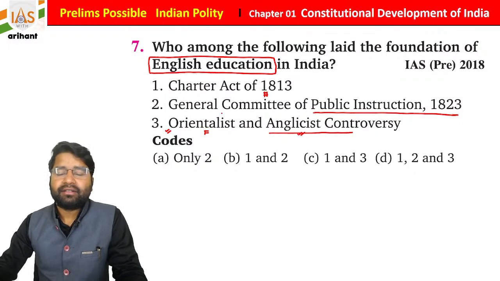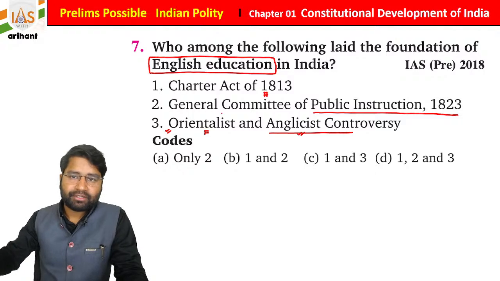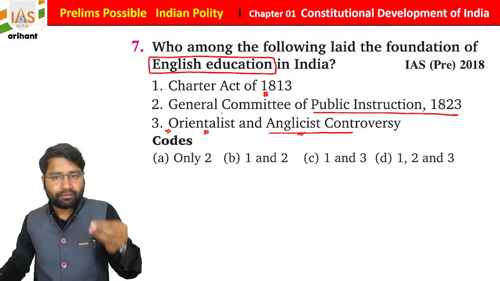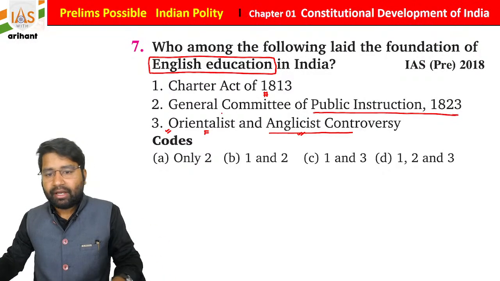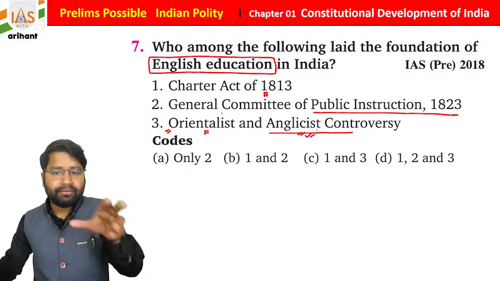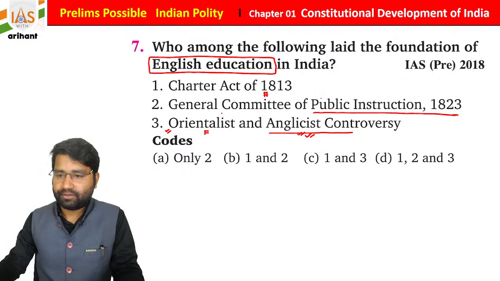Basically, these are the nature of education. Orientalists believed that we must focus on this territory from where we grew, like Sanskrit, Arabic and Persian. Anglicists were saying that we need to focus on English education. So now just opt for the right answer, students.